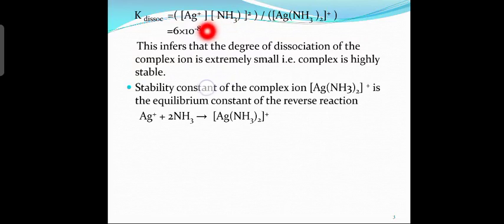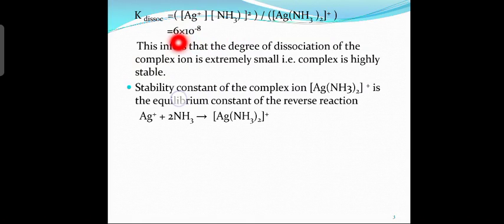When you write the dissociation constant, K dissociation is equal to the product of the concentration terms of the products of ionization, which are Ag+ and NH3 to the power 2, divided by the unionized complex, that is [Ag(NH3)2]+.